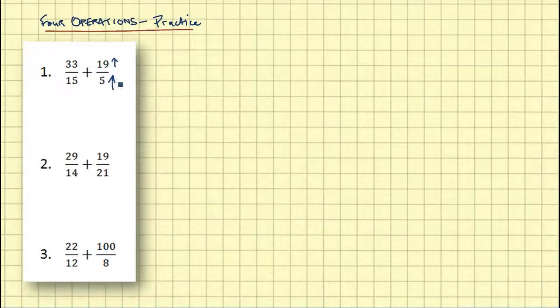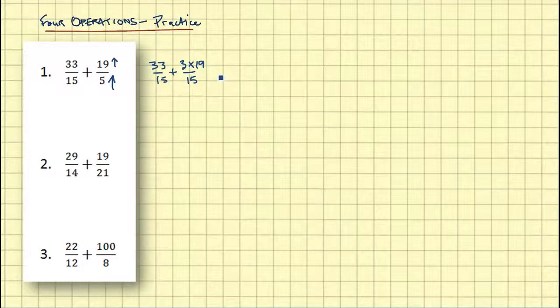Okay, so I'm multiplying by 3 to get 15, and I'm multiplying the top by 3, so I'm going to end up with 33 divided by 15 plus another divided by 15, but here I've got 3 times 19 just to get it up to be the same as this. So you might want to pause the video here and give that a go.